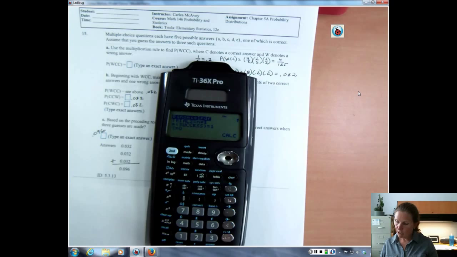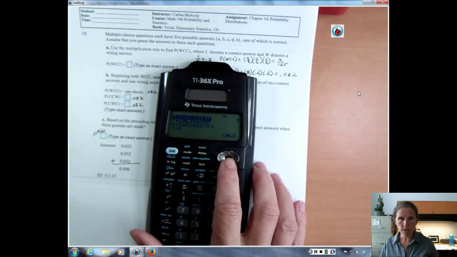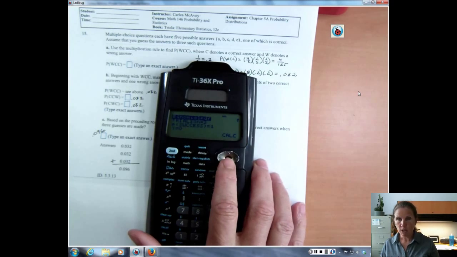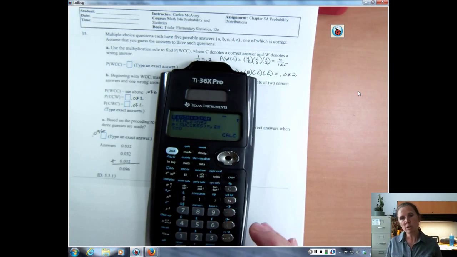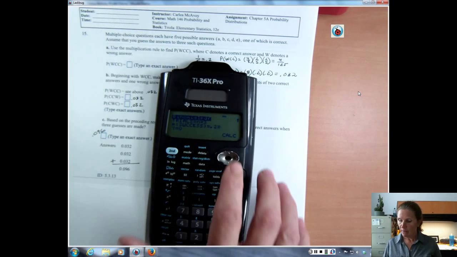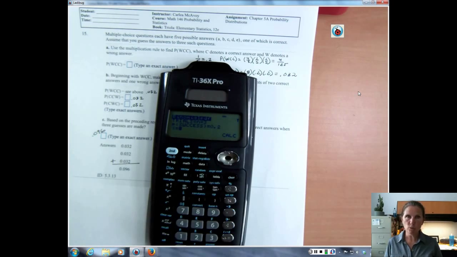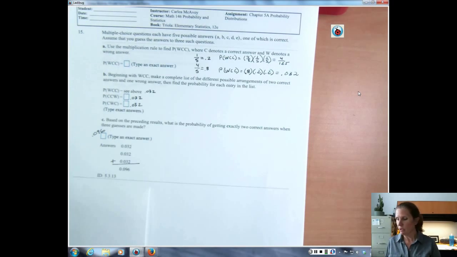Well, the number of trials is 3 because we want 3 different questions. The probability of success is 0.2 because there's a 20% chance, 1 in 5 chance that we'll guess correctly. And the number of successes that we're looking for is 2, so we want 2 answers correct. I can calculate that, and that's where I get the 0.096 using the calculator. That's pretty sweet.